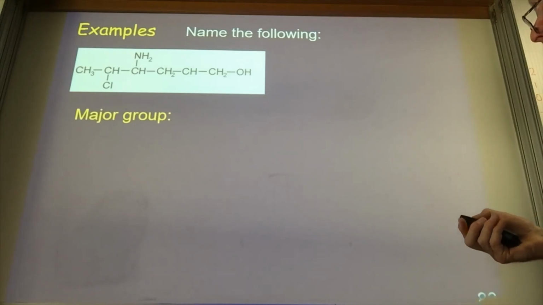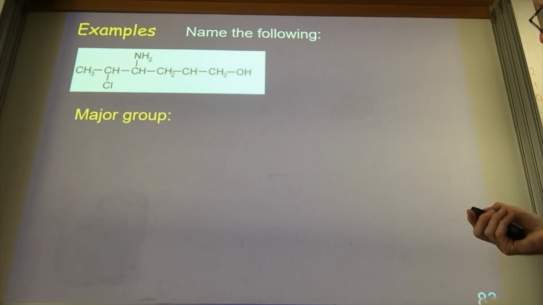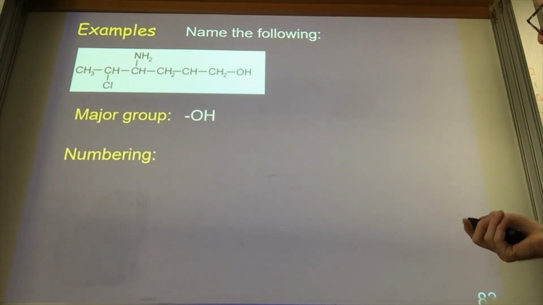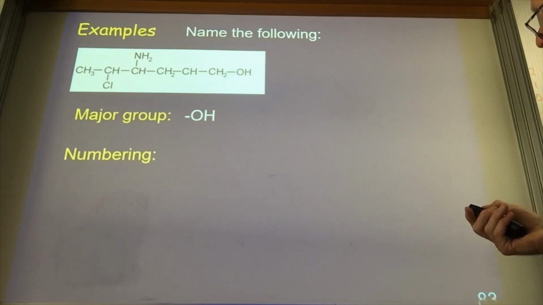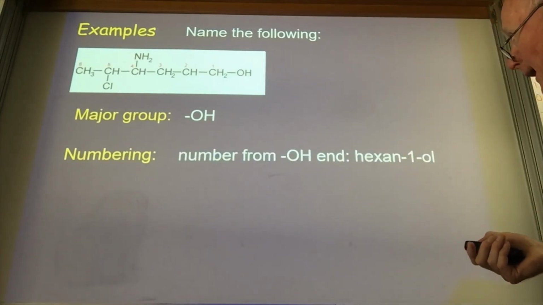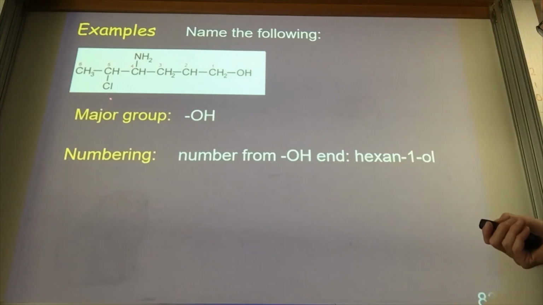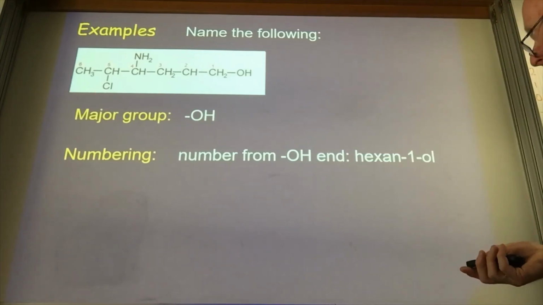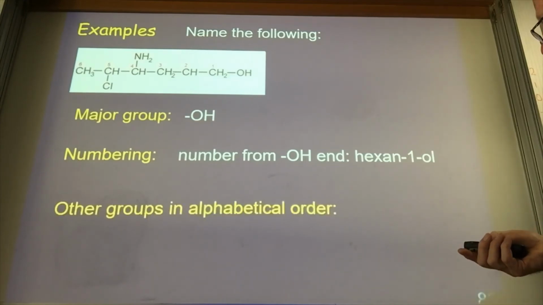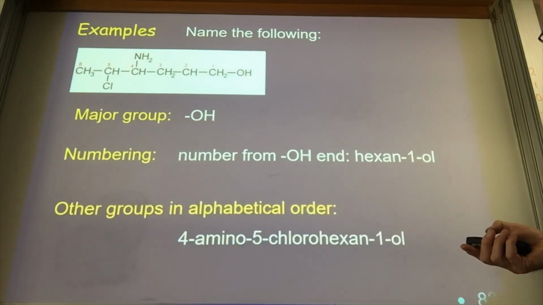This is an ol. This is hexanol, hexan-1-ol. We'll number the carbons from that end. And then the other groups will be named in alphabetical order at the start. So 4-amino, 5-chloro, hexan-1-ol.